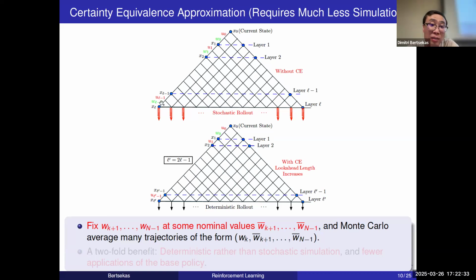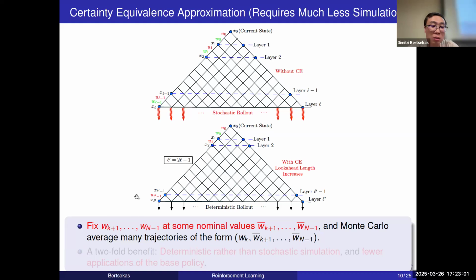After these layers of branching, we get to all possible XL. And from there we run the base policy, which means from every XL we need to run stochastic simulation. So not one trajectory, but multiple trajectories, and average them over.